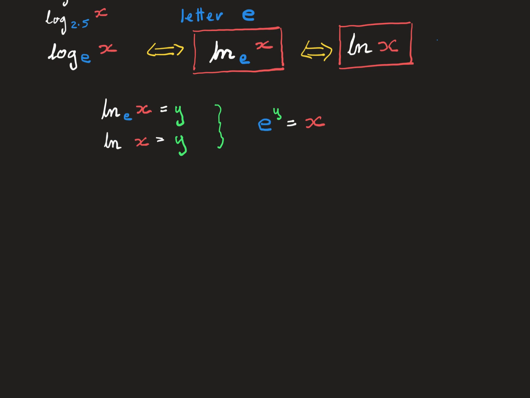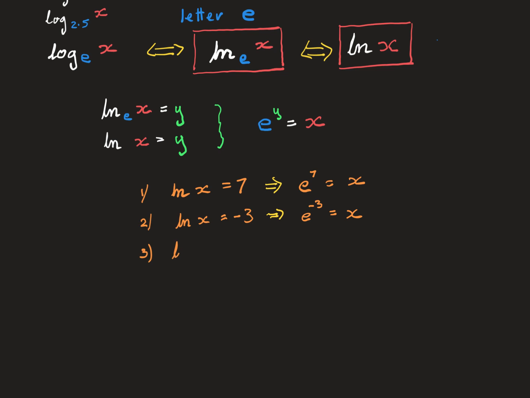This can be written as e to the 7 is equal to x. And another example I might use is ln x is equal to -3. That will just become e to the -3, which is equal to x.